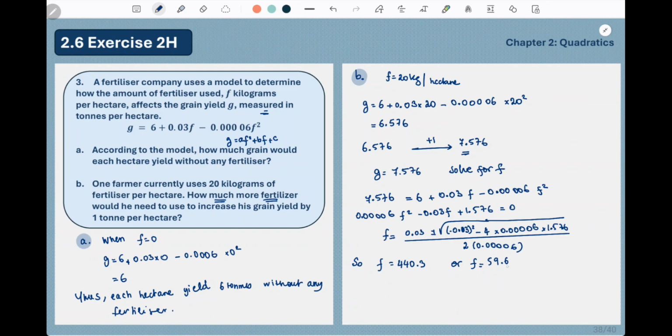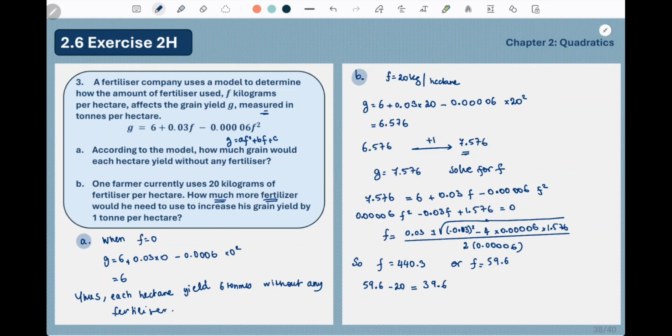So we'll consider this value, but the question is asking by how much we would increase, because he originally used 20 kilograms. So what we'll do is take this new value and subtract 20 kilograms from it. So 59.6 minus 20 is 39.6.